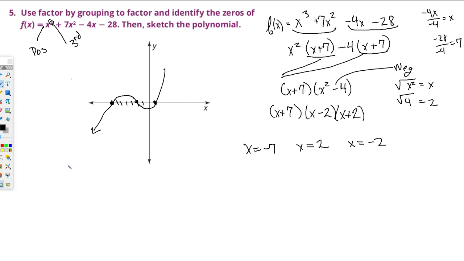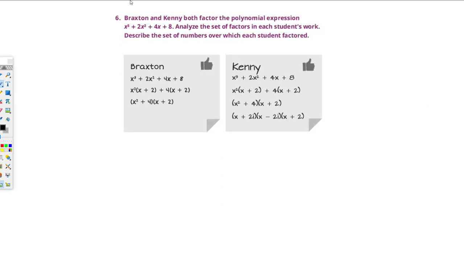So check out your number 5 with what I have on the board. See if it matches. So Braxton and Kenny both factored out their polynomial expression over a set of numbers, and analyze each set of factors of the student's work. Which number set are they both done over?